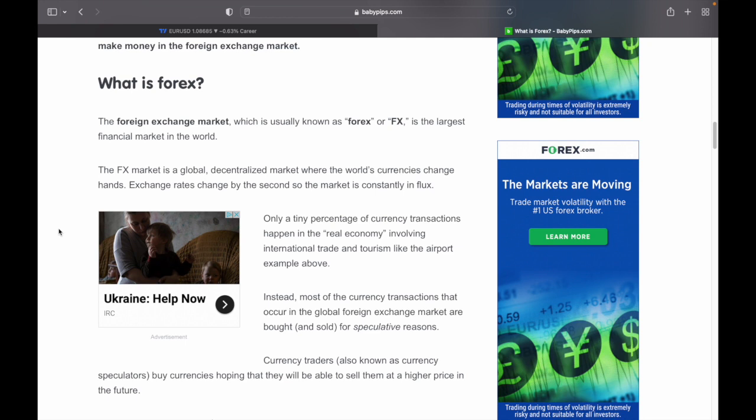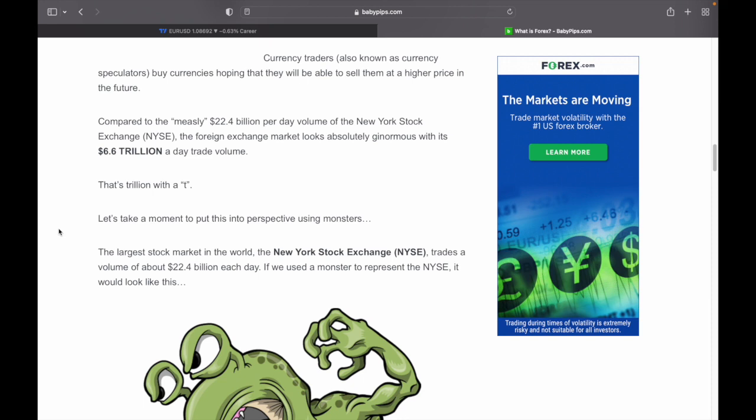Only a tiny percentage of currency transactions happen in the real economy involving international trade and tourism, like the airport example above. Instead, most of the currency transactions that occur in the global foreign exchange market are bought and sold for speculative reasons. Currency traders, known as currency speculators, buy currencies hoping that they will be able to sell them at a higher price in the future.